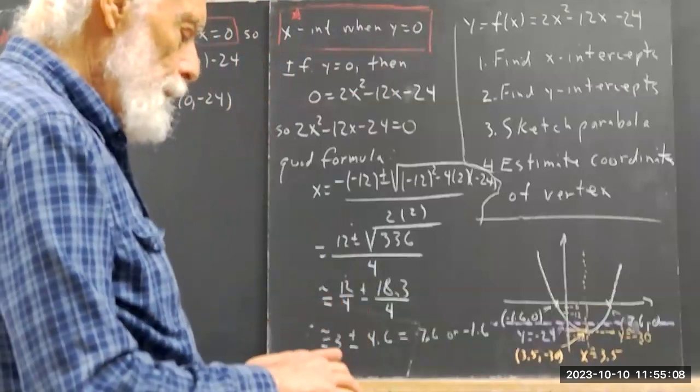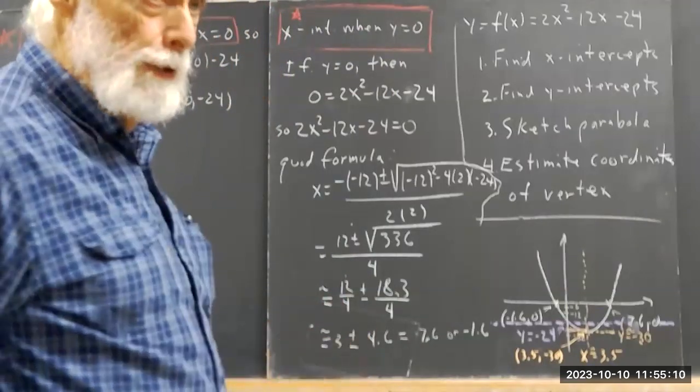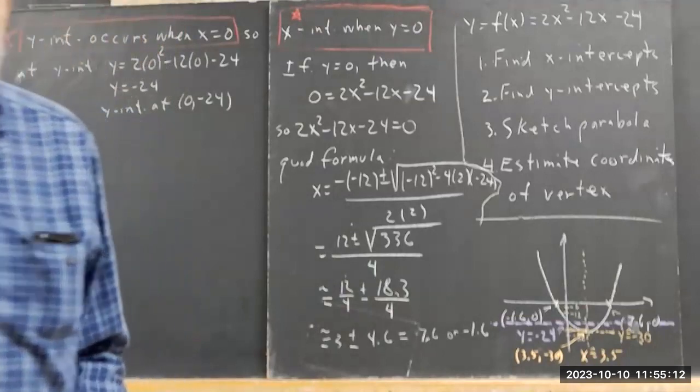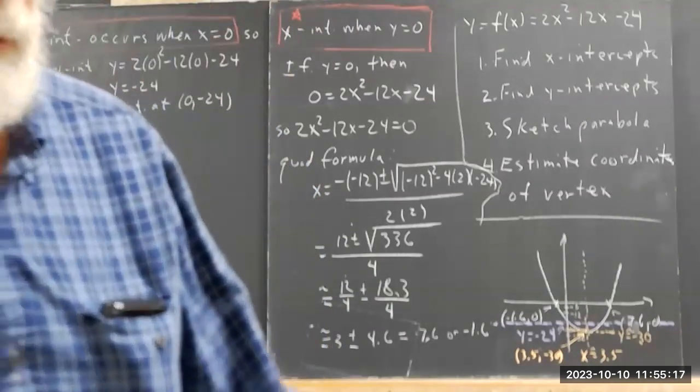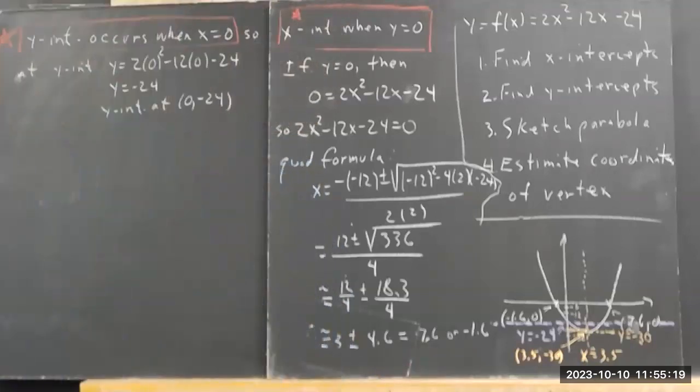Okay. Well, it turns out that we can calculate the x-coordinate of the vertex because it's on the axis of symmetry.